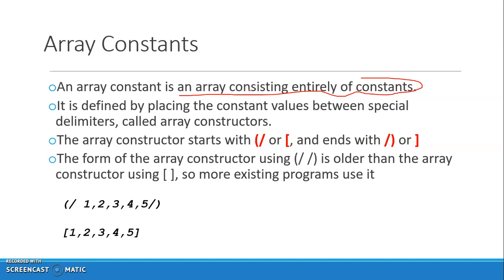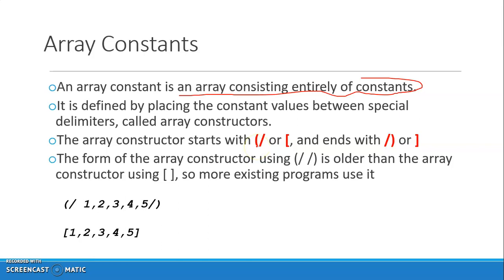But here we are saying, when you have declared your array, you can specify array constants. These are values that you initialize your array with. It is defined by placing the constant values between special delimiters, which we call array constructors.